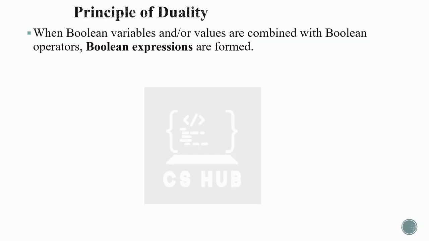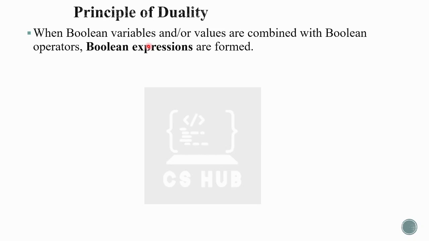So let's start with the principle of duality. When Boolean variables or values are combined with Boolean operators, Boolean expressions are formed. In Boolean algebra, we have studied so many terms. What is Boolean algebra?